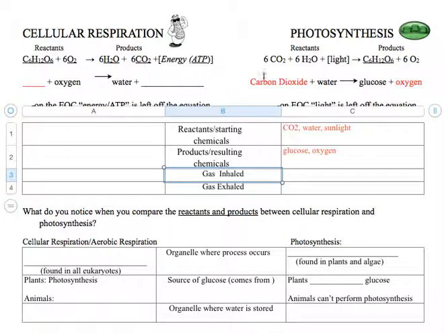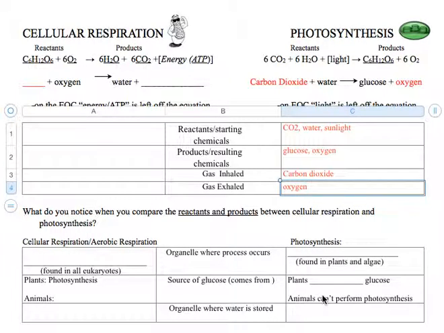So the gas that is inhaled is on the reactant side, and that's going to be carbon dioxide. So that's the inhaled gas because it is a reactant. It is what the plant takes in. So the plant takes in carbon dioxide, water, and sunlight. And those react together. And then the gas exhaled in the last part of this table is going to be the products. So this is what leaves. And oxygen is the name of the gas that leaves the chloroplast.